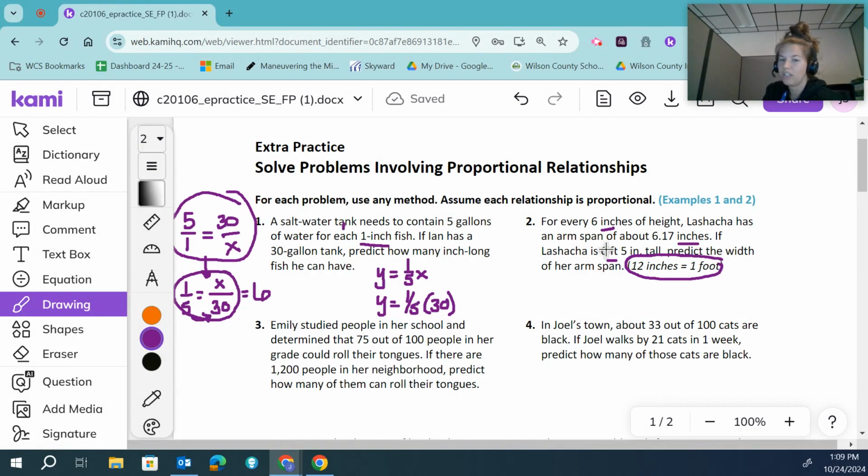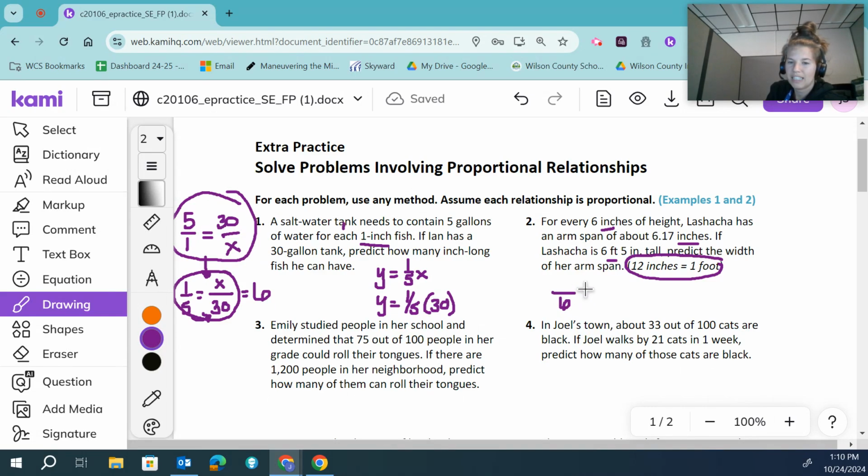So let's do that first. 6 feet 5 inches into inches, 6 feet is going to be 72 inches, plus 5 is going to be 77 inches. So her height is 77 inches.